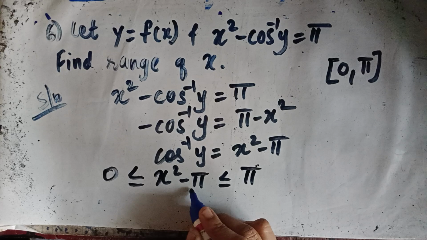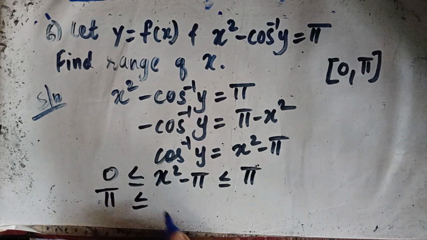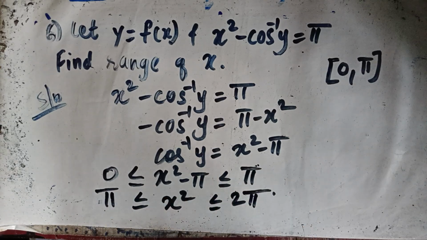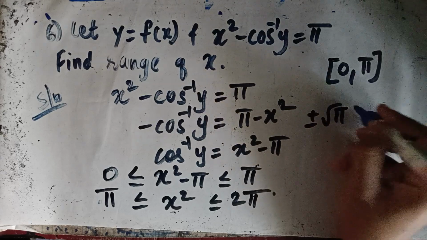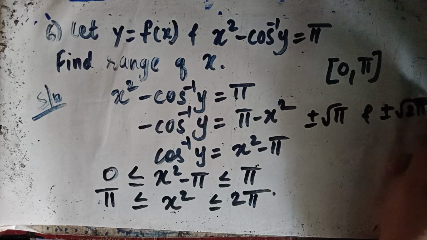Okay, removing pi here, we are adding pi. So this is 2 pi, right? So again x square is there. So you'll get here two values, plus or minus root pi and plus or minus root 2 pi. Okay.